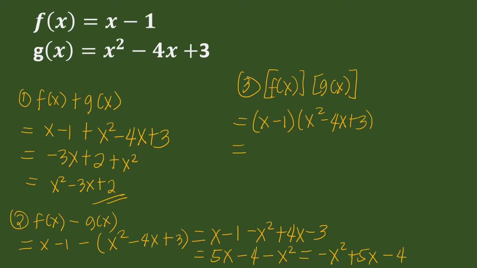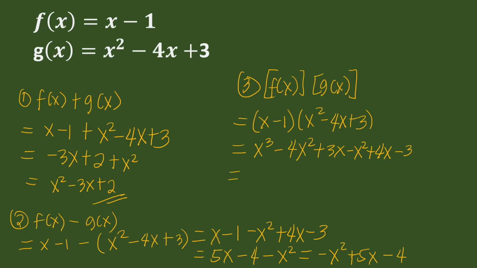We will have the first term, x times x squared, that is x cubed, x times minus 4x, that is minus 4x squared, and x times positive 3, that is positive 3x, and we have negative 1 times x squared, so we will have negative x squared, negative 1 times minus 4x, that is positive 4x, and negative 1 times positive 3, so we will have negative 3.